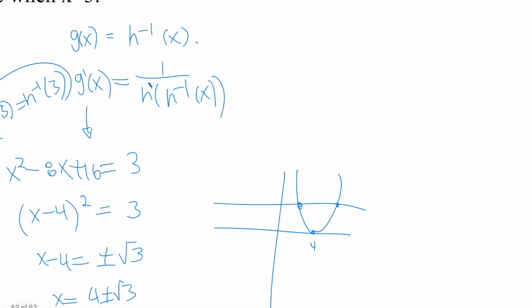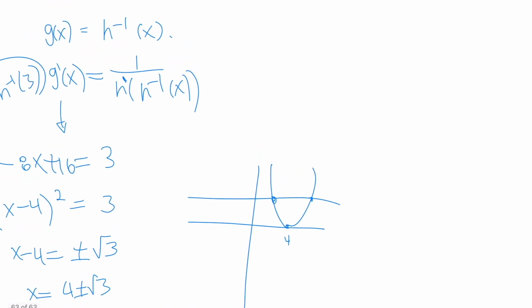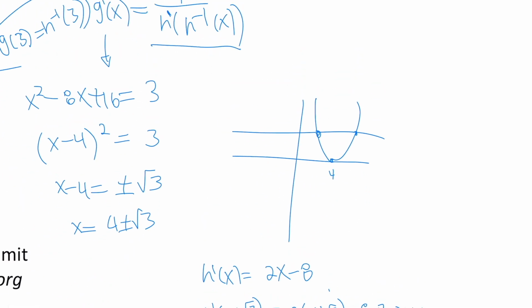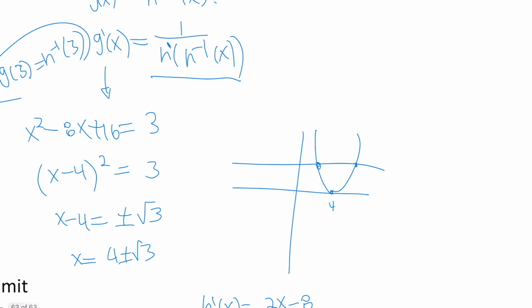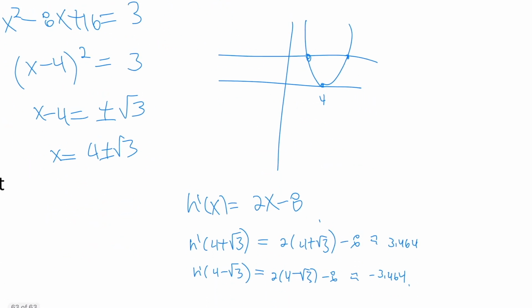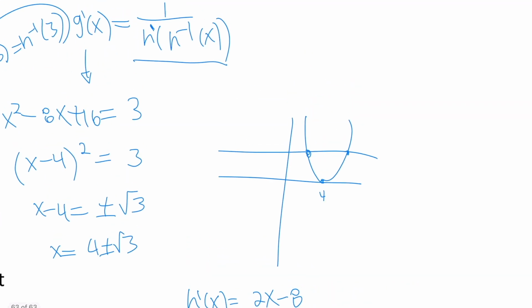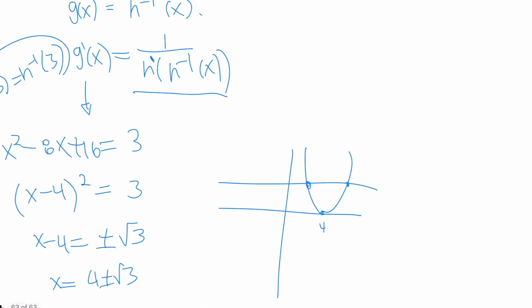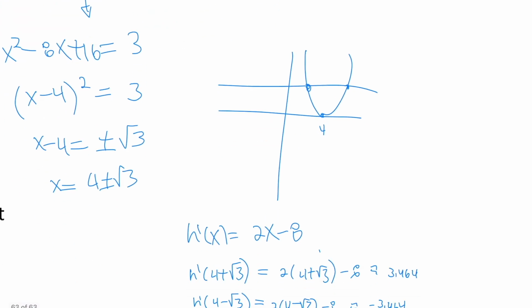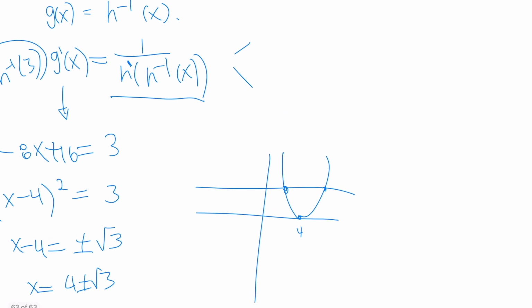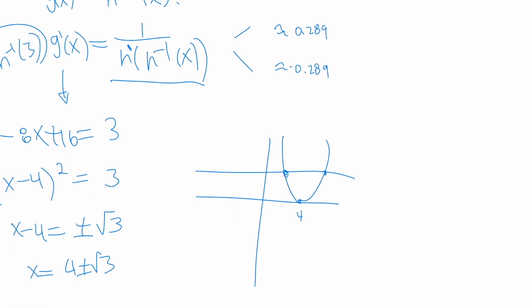Yeah. And then we would be plugging this in, right? Because we just found this. So we would have to take the reciprocal, right? So the reciprocal would be 1 over 3.464, so around 0.289, and then around negative 0.289 would be our answers.